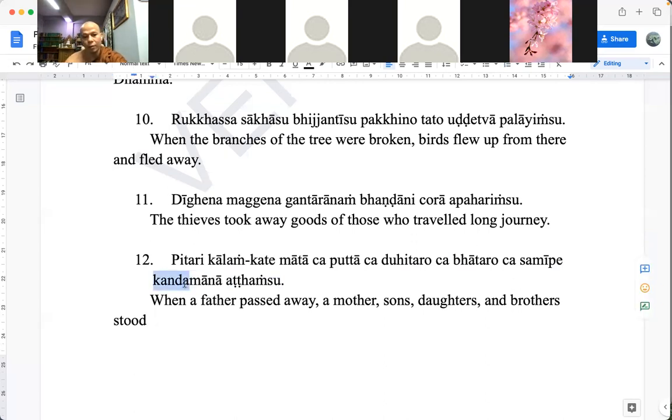So Kandati means crying, and Kanda Mana is a present participle. So crying. And Samibe means nearby, close by, or crying nearby. So Samibe Kanda Mana Atansu. So when a father passed away, a mother, sons, daughters, and brothers stood crying nearby.